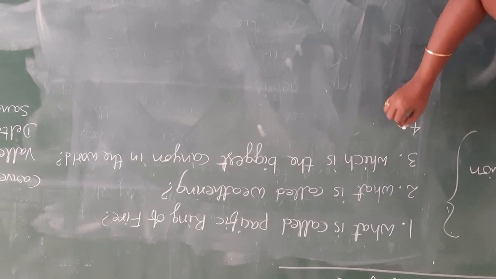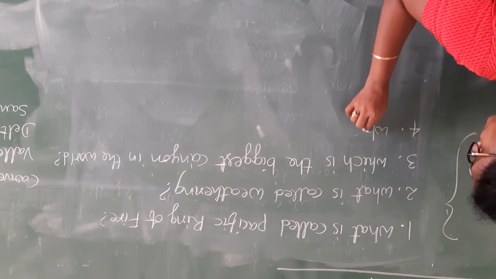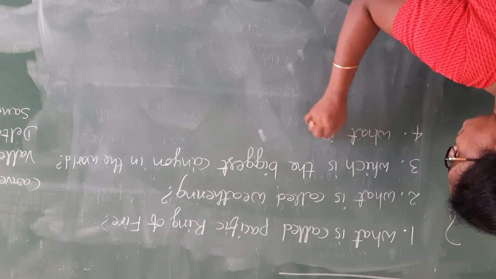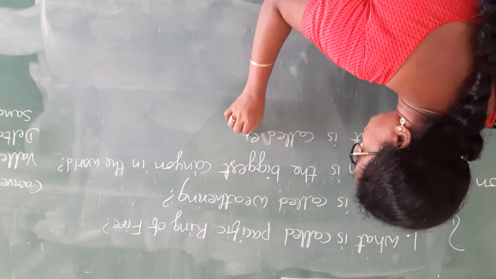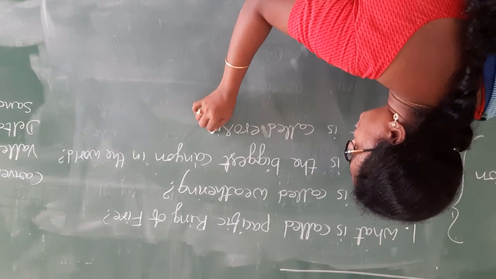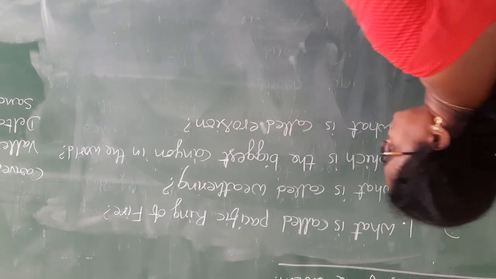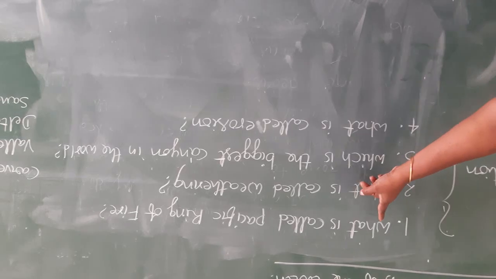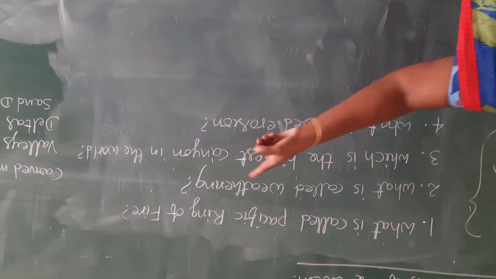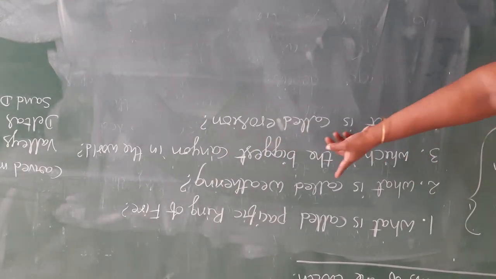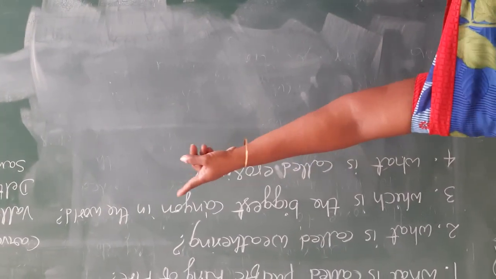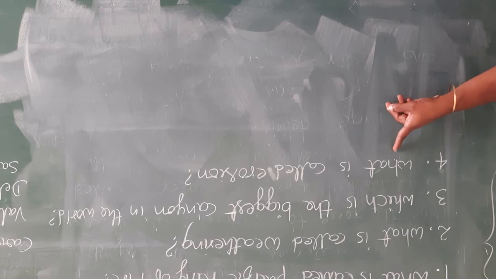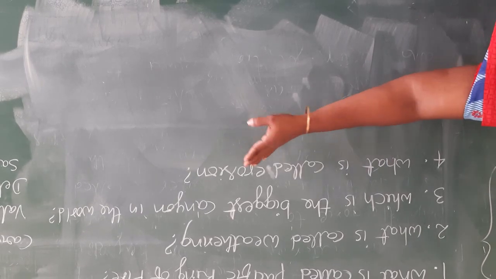And fourth one is, what is called erosion? So, first one, what is called Pacific Ring of Fire? Second one, what is called weathering? Third one, which is the biggest canyon in the world? And fourth one is, what is called erosion?